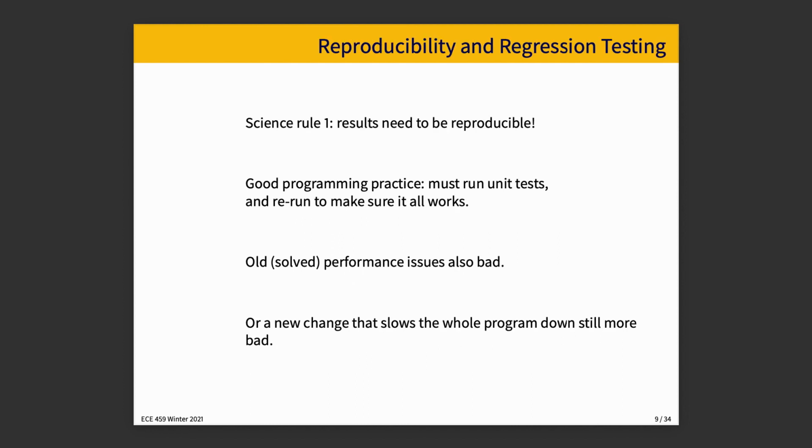Okay. With those principles in mind, there's a follow-on point to that about reproducibility and regression testing. And as you will recall, from, I don't know, high school science class or something, or maybe even elementary school science class, the first rule of science is we don't talk about... No, wait. The first rule about science is results need to be reproducible, and that is just as true for any performance test as it is for unit tests.